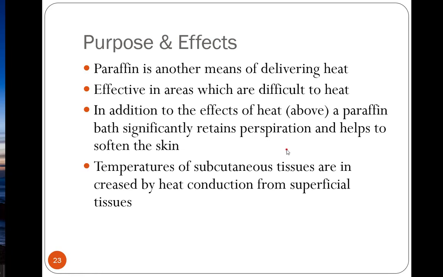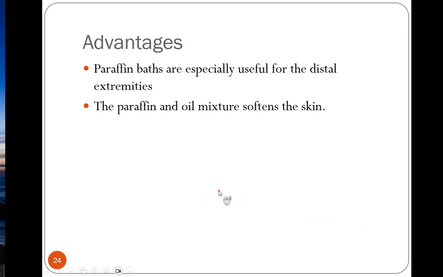Temperature of subcutaneous tissue is increased by heat conduction from superficial tissue. So in the case of the hand, for example, because everything is almost superficial, you heat the skin, you will most likely heat some of the tendons, or the pulleys of the tendons, or obviously the blood vessels in the hand. Other than that, it is still a superficial heating modality.